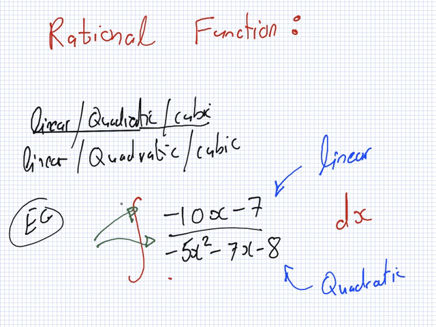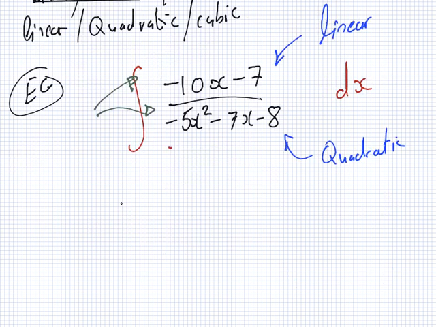Yeah. If you look at the bottom and get its derivative, you'll see you'll actually get the top line. Now that's important. If that happens, the way to deal with this problem is with a substitution. You would say let u equal minus 5x squared minus 7x minus 8.